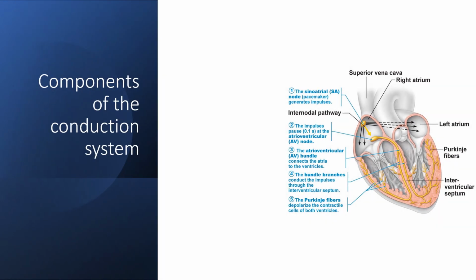Let's look at the components of the conduction system. You have your sinoatrial node, the SA node. An impulse is generated here. It travels down and encounters the AV, atrioventricular node.